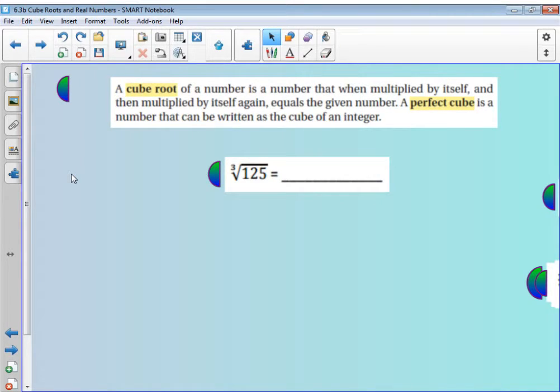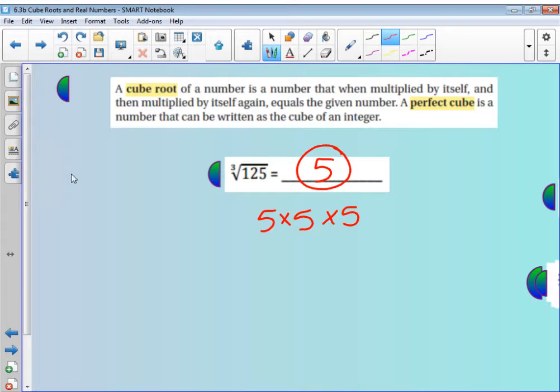So we just did 216, and that was 6. So it has to be lower than 6. Okay, so let's try 5. It ends in a 5. 5 times 5 is 25. Times 5 is 125. So the final answer for this would be 5. The third root of 125 is 5.